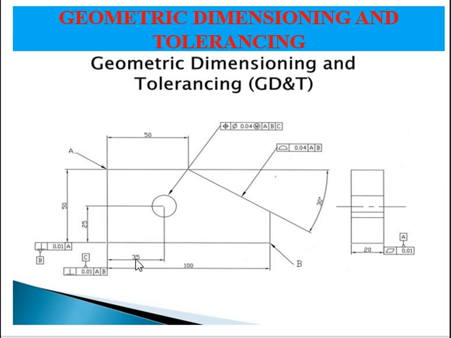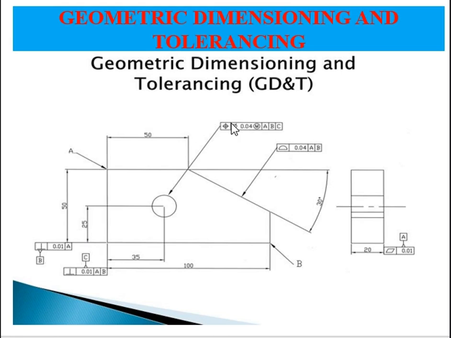So your center should be at 35, 25. That is what is expected every time whenever you are drilling a hole on this plate. The diameter is not given, so we are not worried about diameter. We are worried about the position of the hole, which is supposed to be 35, 25.